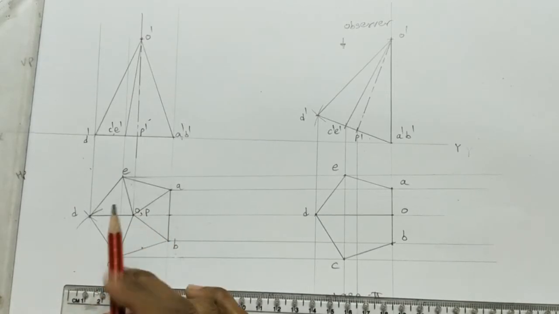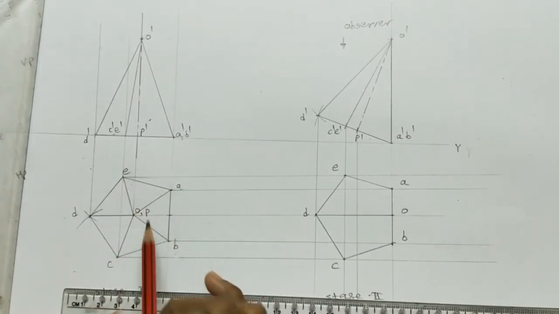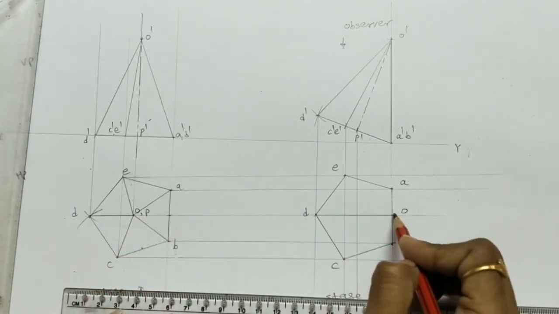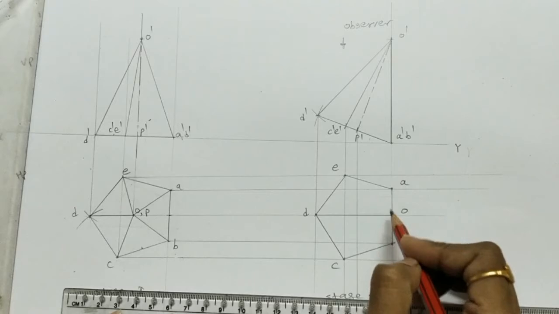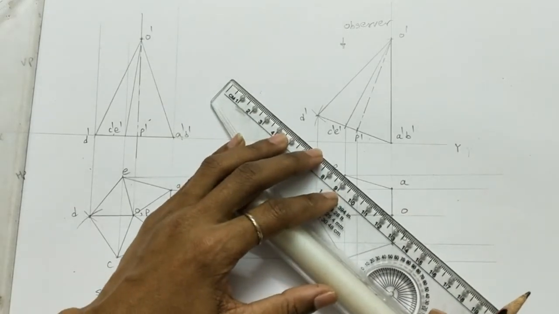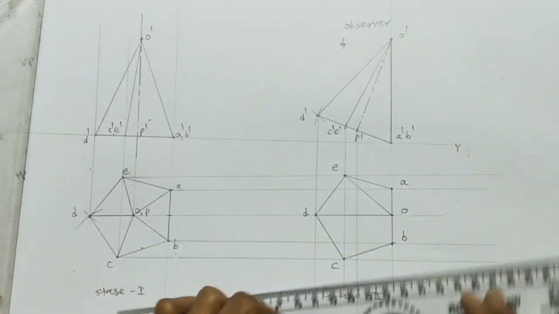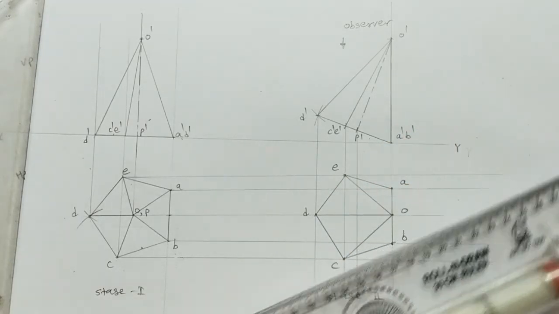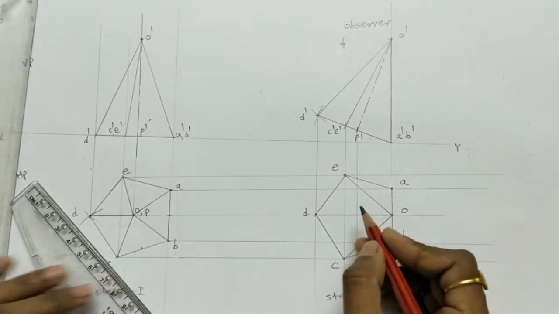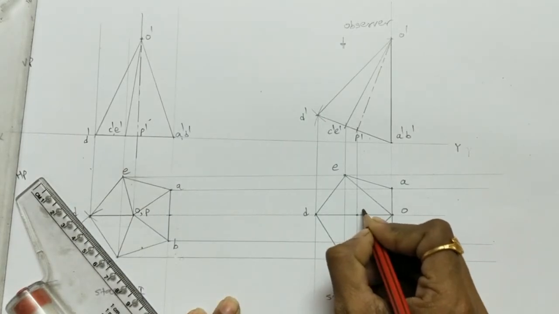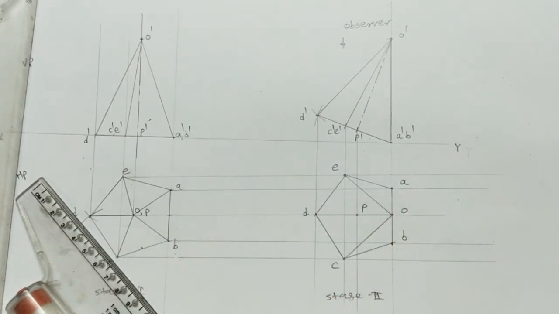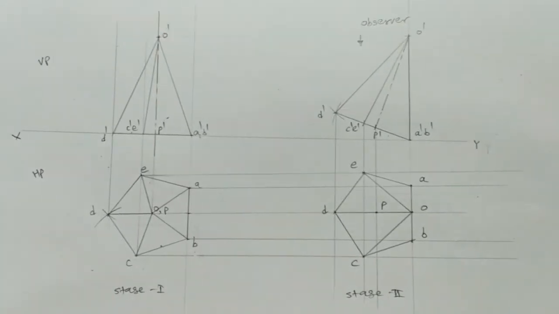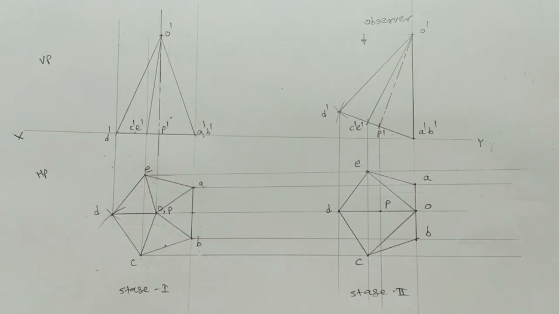When we see this diagram, D is joined to O, and EO, AO, BO, CO, all points are joined to O. So D we have already joined to O, then A already joined to O, B joined to O, then EO and CO are remaining, so join EO and CO. Give the name to point P, so this is point P. So in this way we have completed the front view and top view in stage 1 and stage 2.